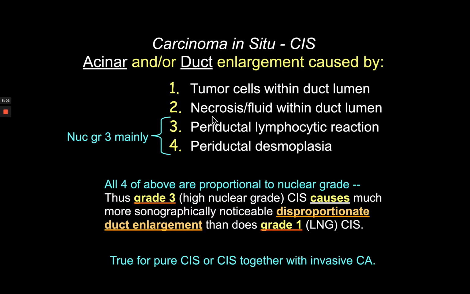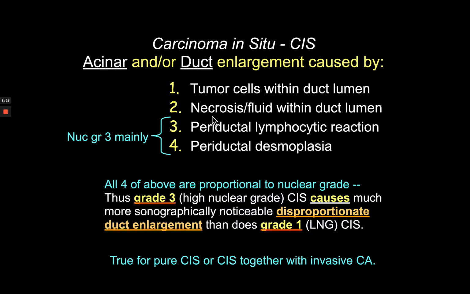Now, we know that whether the acini or the ducts are enlarged, there are 4 things that contribute to them. So when it's acinar enlargement, it's usually just tumor cells within the duct lumen with maybe some necrosis or fluid within the acini.